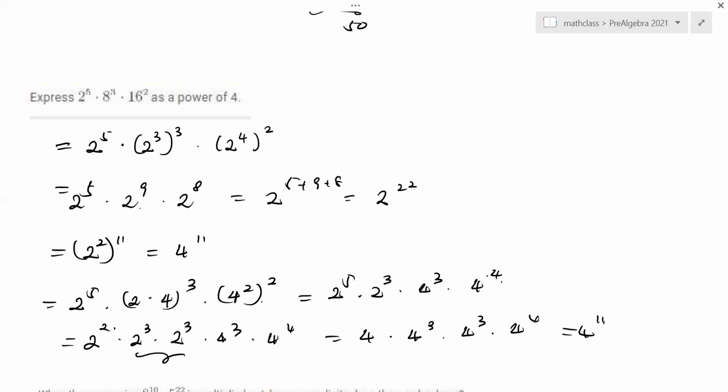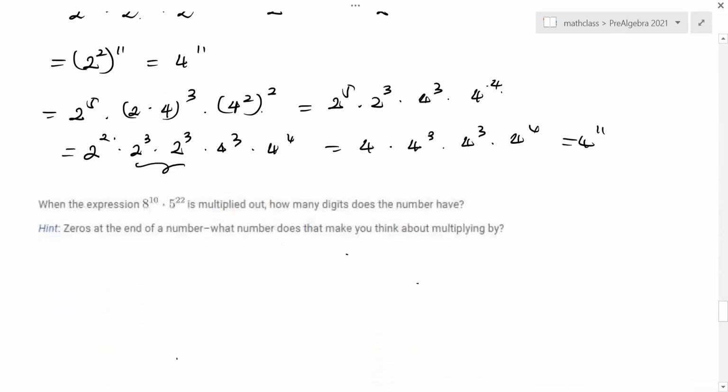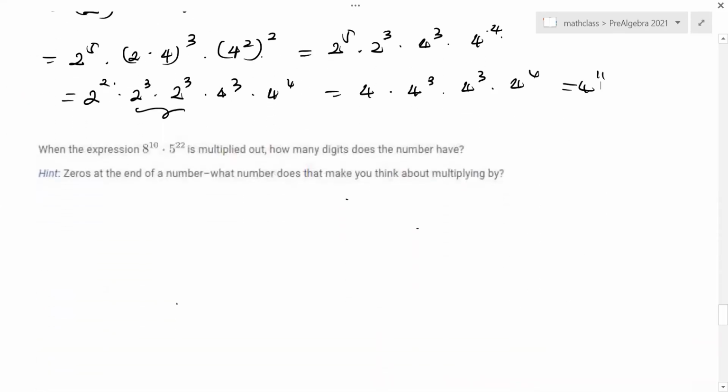All right, so now let's take a look at the next one. The expression 8 to the 10th power times 5 to the 22nd power. If you multiply them out, how many digits does the number have?